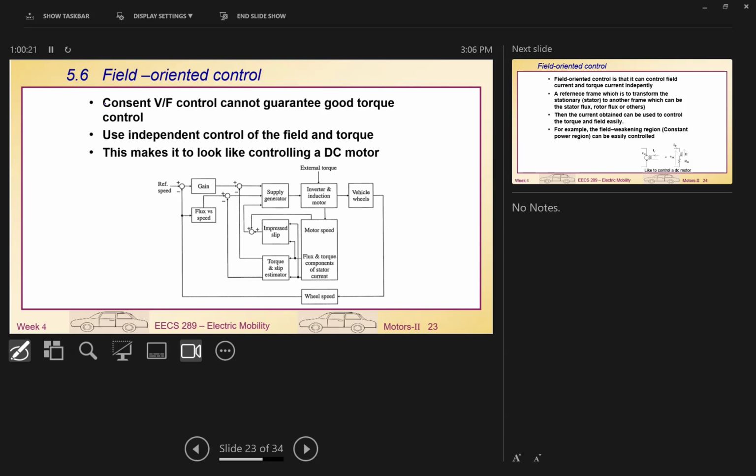For the torque current, if you demand high torque, you can control this torque current. If you want to have a different range of speed operation, you can control the flux. So that's why we have more controllability for the motor system. This is called field oriented control because we can orient the field to operate on the X, Y axes, two separate control axes. After we do that, they're completely decoupled.